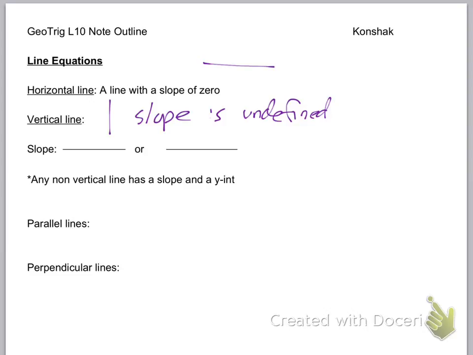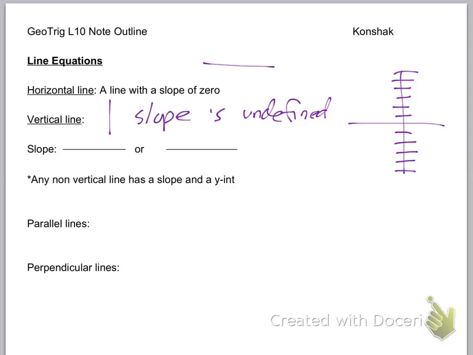Also, before we move on between horizontal and vertical lines, we should probably state which variable is associated with which one. What kind of a line equation is a horizontal one? Which way do you make your tick marks? On which axis?